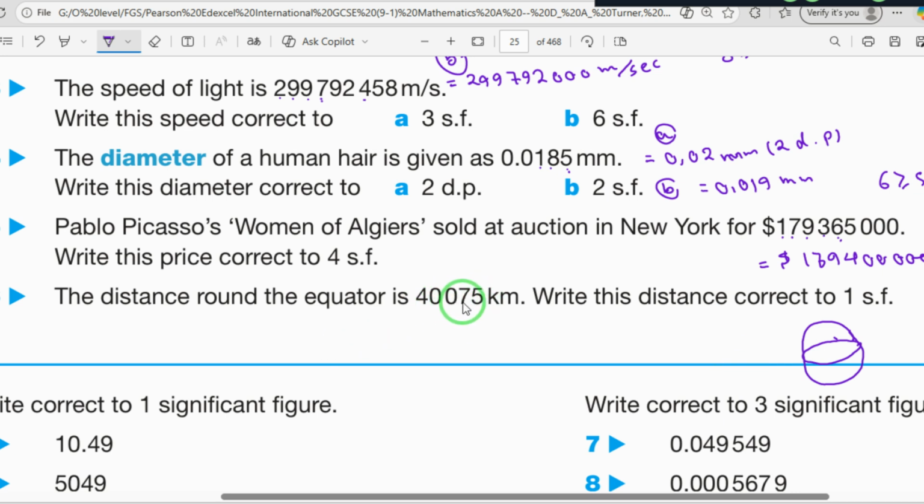The length of this line, or distance, is 40,075 kilometers. Here we correct to one significant figure, so we count from left to right 1, the second one is 0, so we directly ignore and write here 4 0 0 0 0 kilometers. This one is corrected to one significant figure.